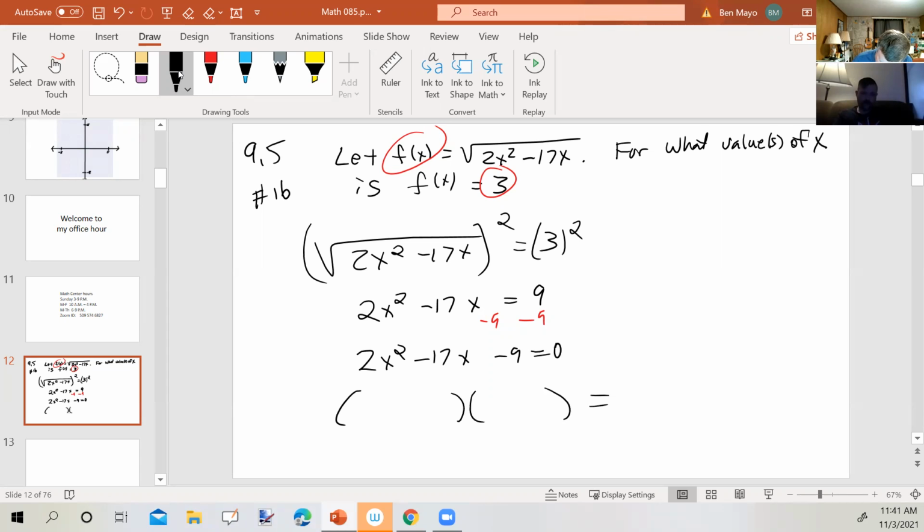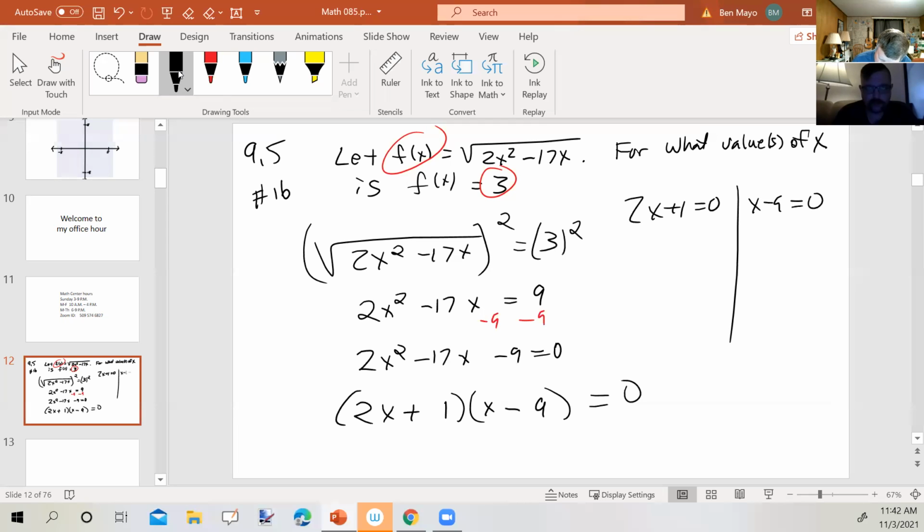So this is going to factor: 2x and x, and a 9 and a 1, and this is going to be minus and plus. I'm skipping the whole process of factoring. That's review. If you need review on that, let me know and I'll go through all of that. But anyway, then we've got 2x plus 1 equals 0, x minus 9 equals 0.